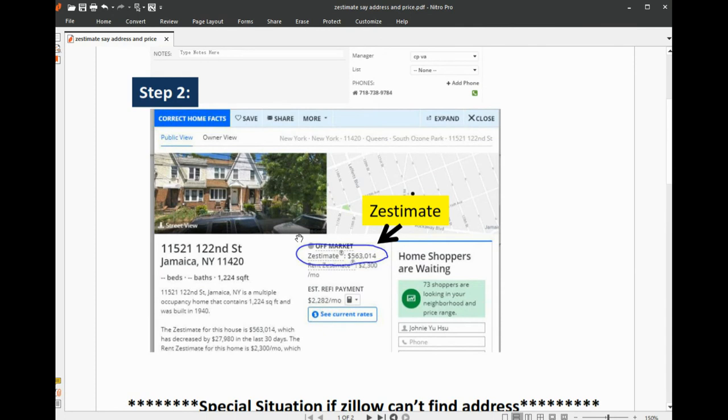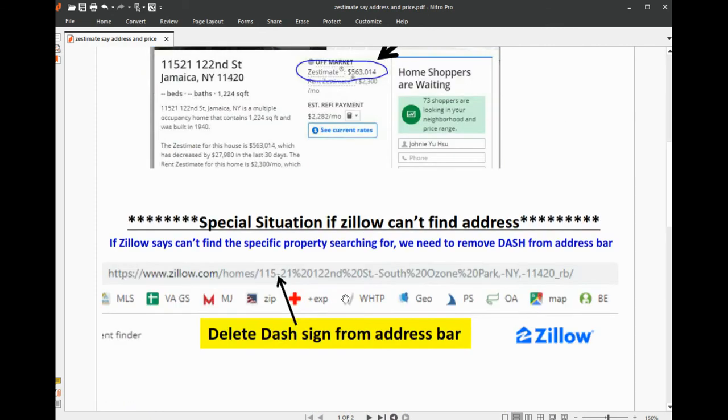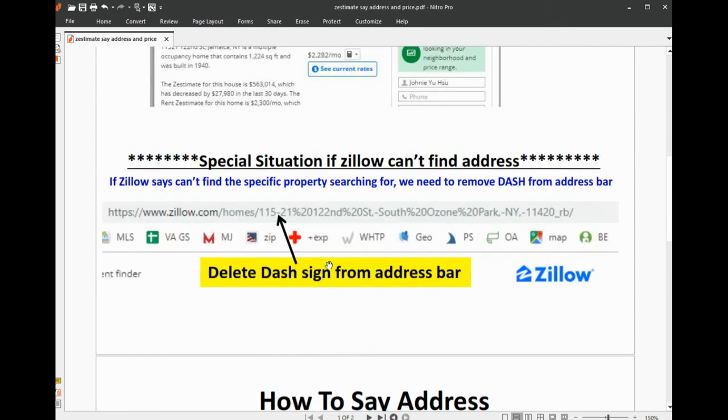So once you click onto Zillow and if it says that it doesn't show the results, you go up to the URL bar, which will look like this. And if you see a dash between the street number, you have to delete the dash. Once you delete the dash and press enter again, then it should show up correctly. Okay, so that's what you do if you encounter situations like that.